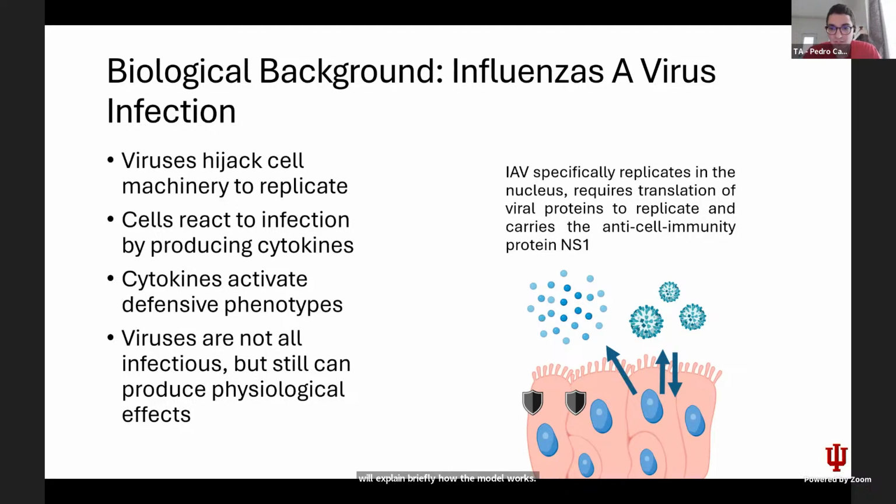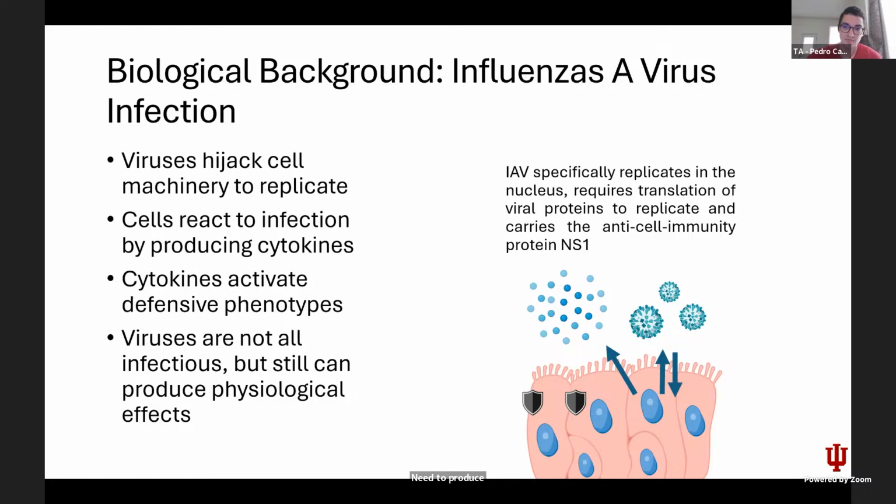So basically, the virus hijacks the cell machinery to replicate. The cells release cytokines, and the cytokines are sensed by the cells so that they can get to a defensive phenotype. Specifically, influenza viruses replicate in the nucleus, and they need to produce proteins in order to replicate before.